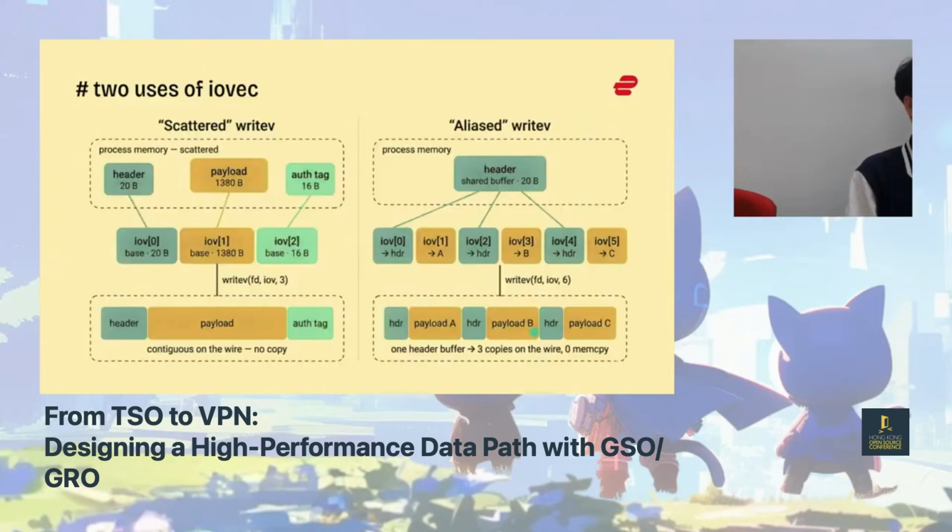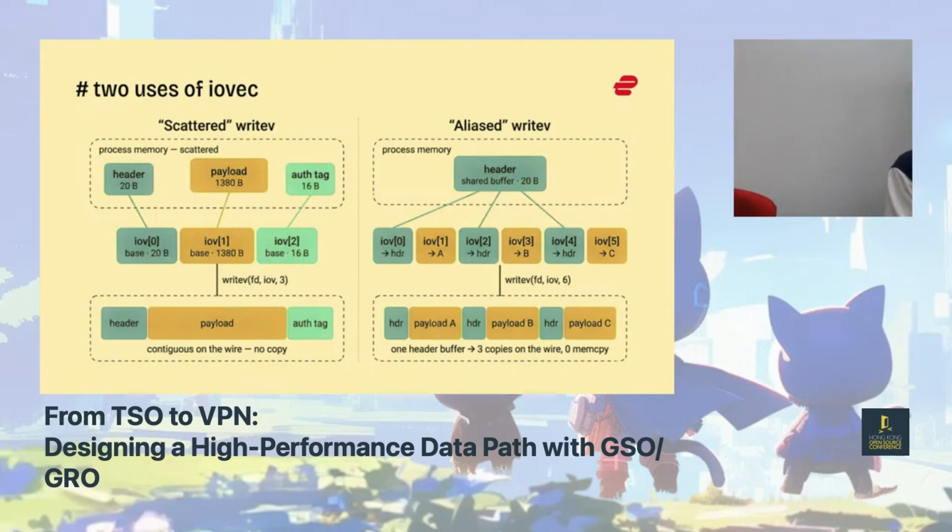So what is iovec? iovec is basically a way to do scatter-gather I/O in the kernel. The kernel enables you to just read this part of memory, and then read that part of memory, and then read another part of memory, and combine it all together without you doing the copy yourself.